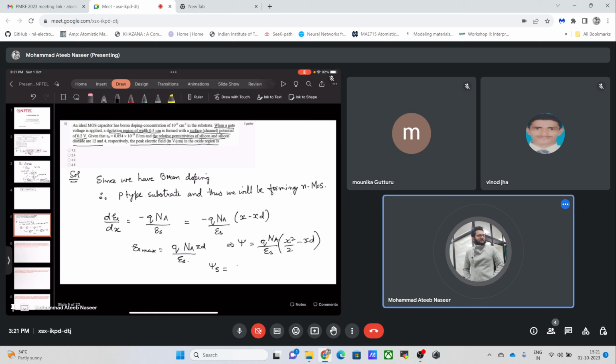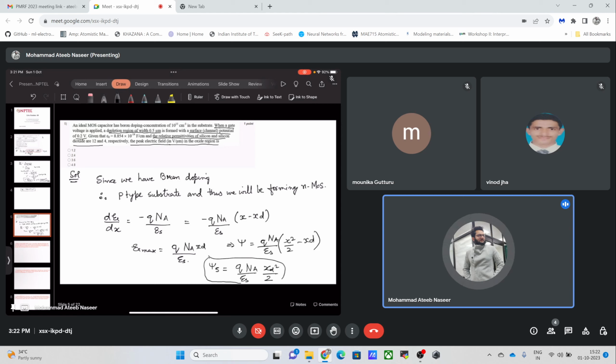If we need to find this psi s, it would simply be limits between 0 to xt, where we have considered the maximum depletion width. So now this psi s is simply equal to Q times Na by epsilon s, xd square by 2.